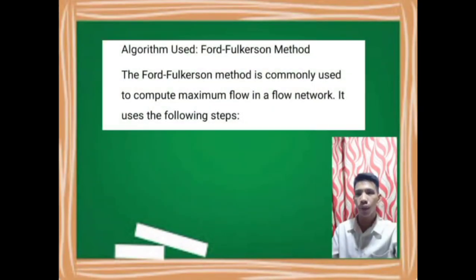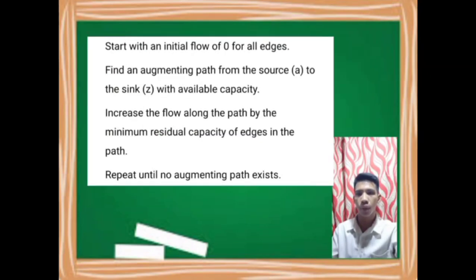The algorithm used is the Ford-Fulkerson method, which is commonly used to compute maximum flow in a flow network. It uses the following steps. Start with an initial flow of 0 for all edges. Find an augmenting path from the source A to the sink Z with available capacity.